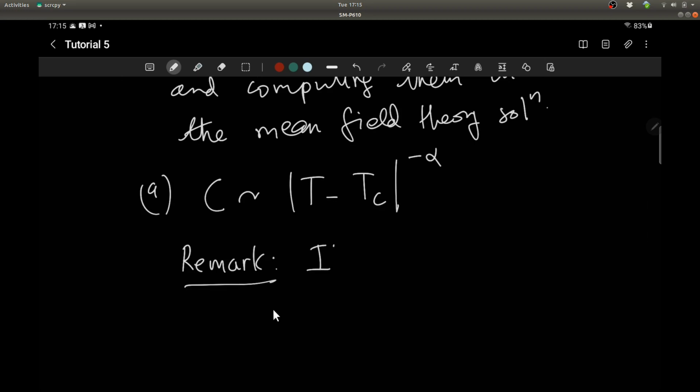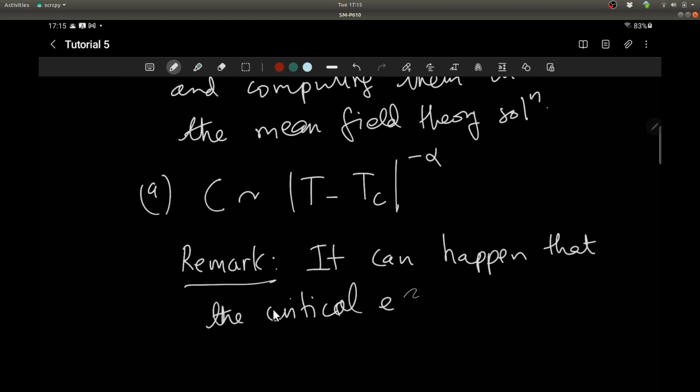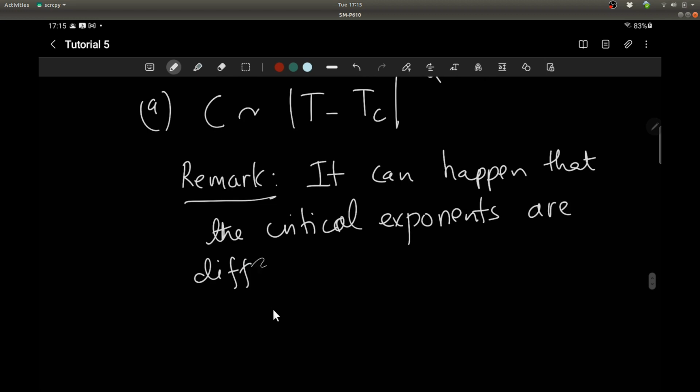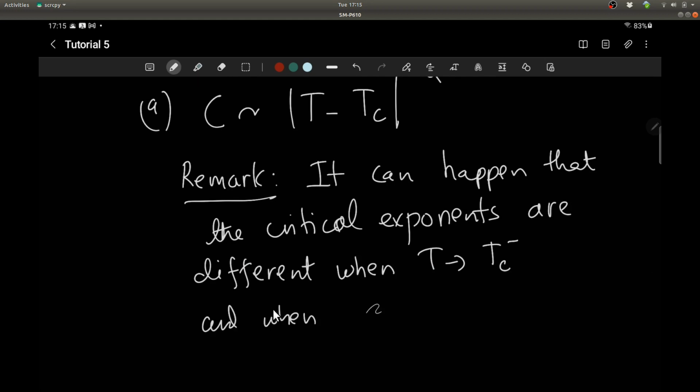It can happen that critical exponents are different when you approach from T approaches Tc minus, that means from below, and when T approaches Tc plus.